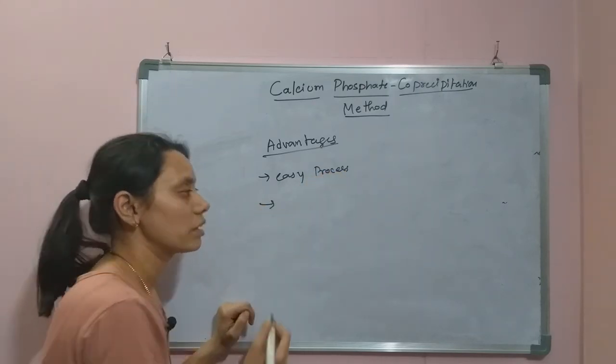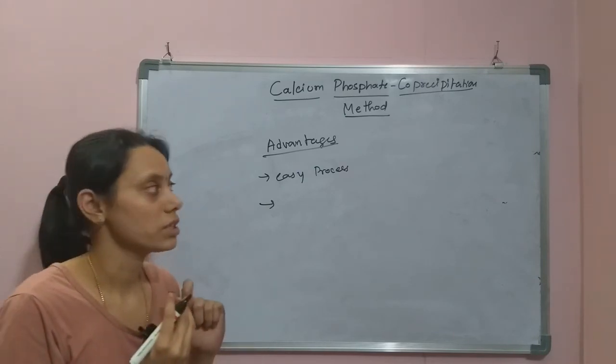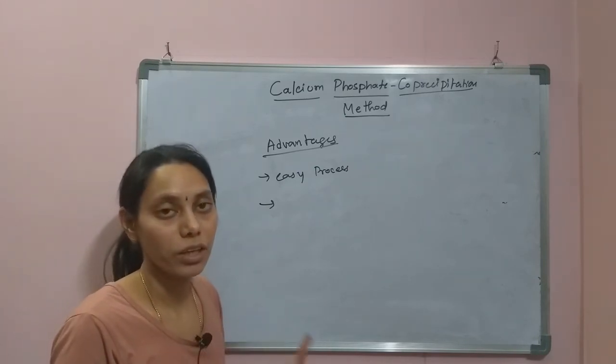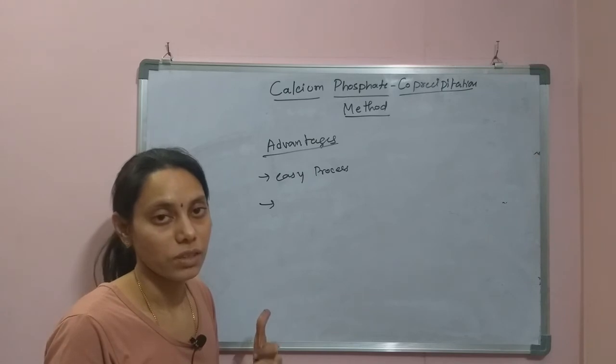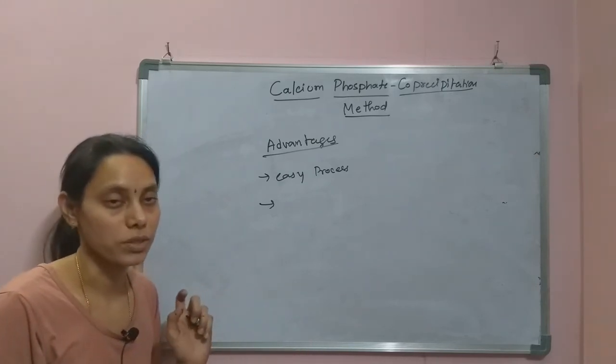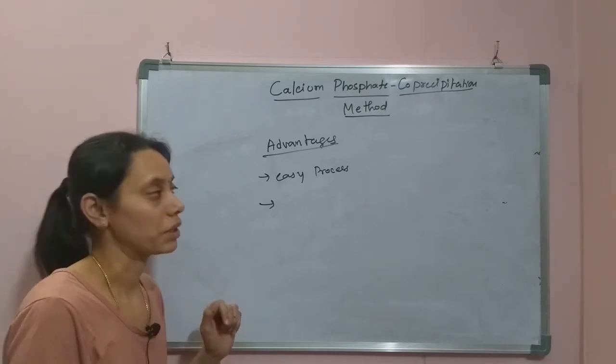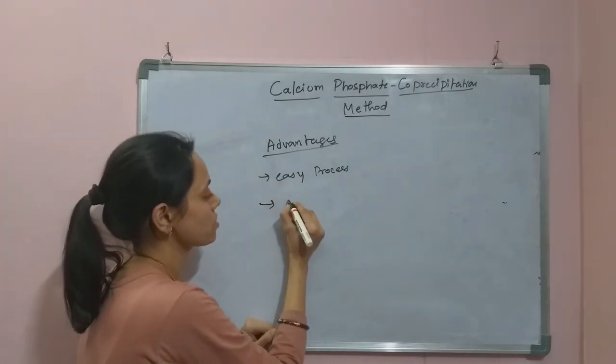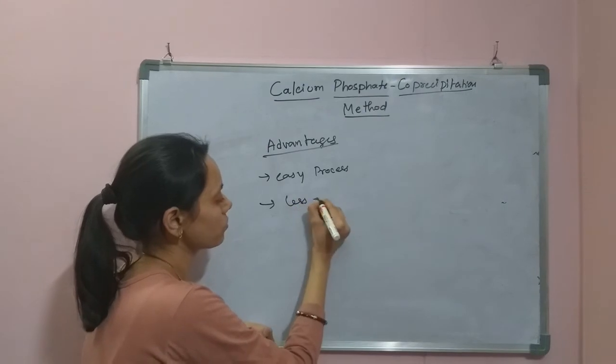It is carried out with easily available components in the experiment, such as calcium chloride and phosphate buffer. All these are simple components, not very complex chemicals, and hence these are less expensive.